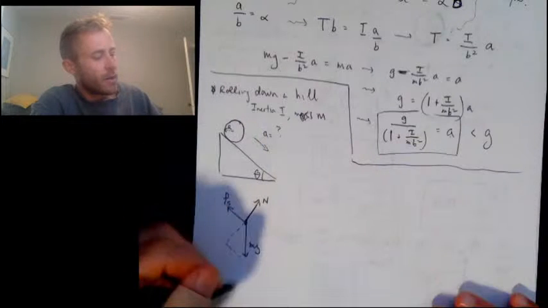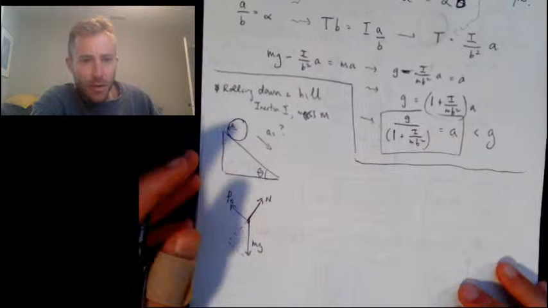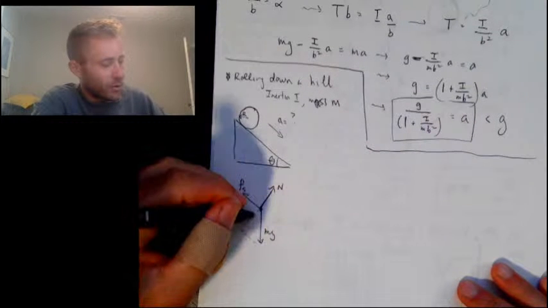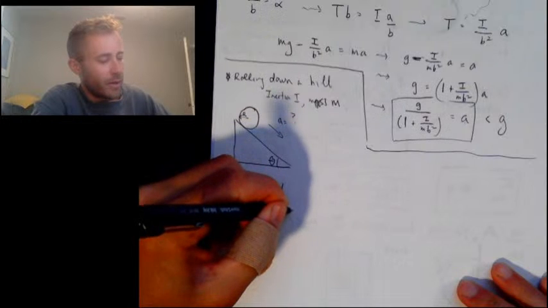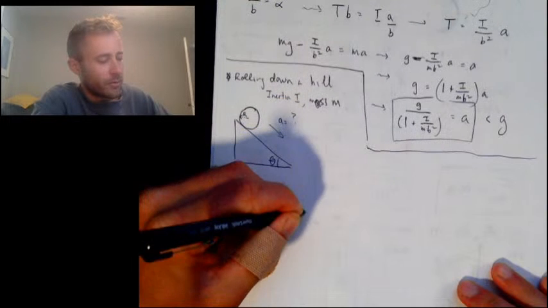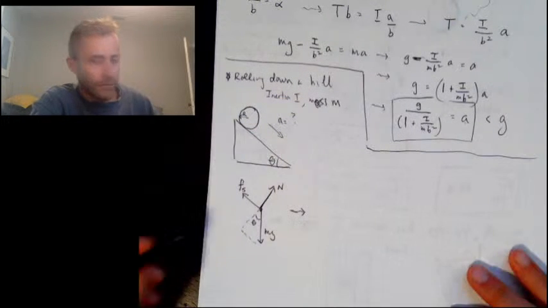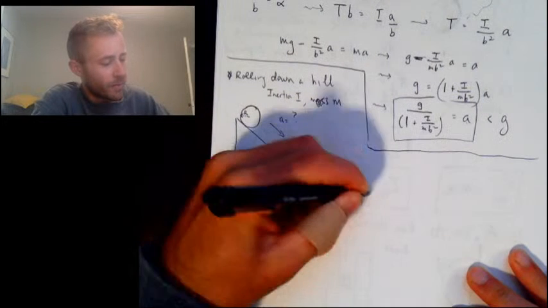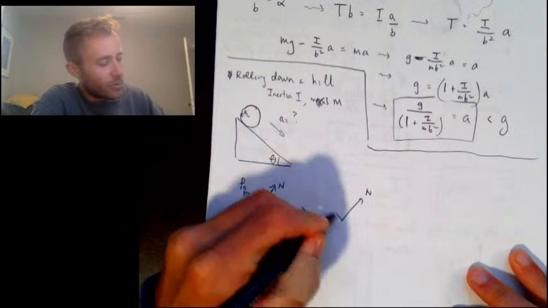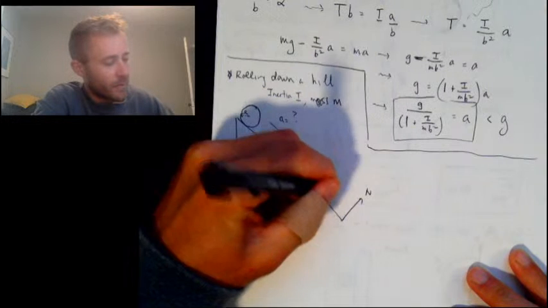Okay? So to remind you about inclined planes, we showed that this angle was theta. So if I redraw this free body diagram, we have normal force going this way. We have static friction going this way.